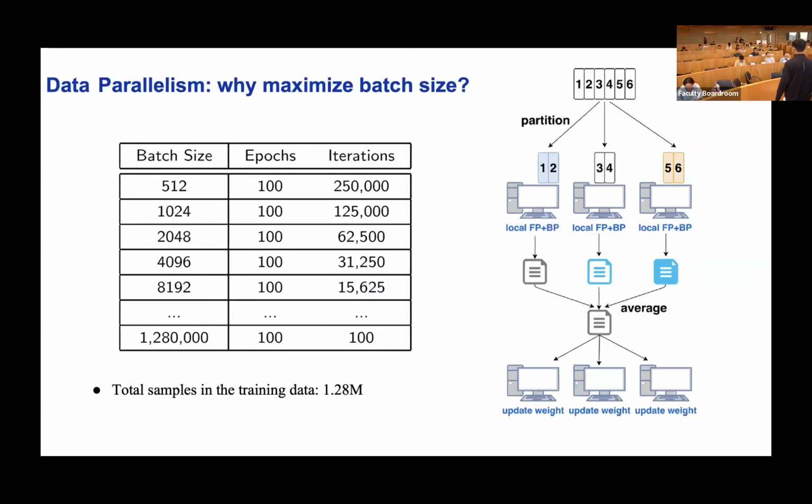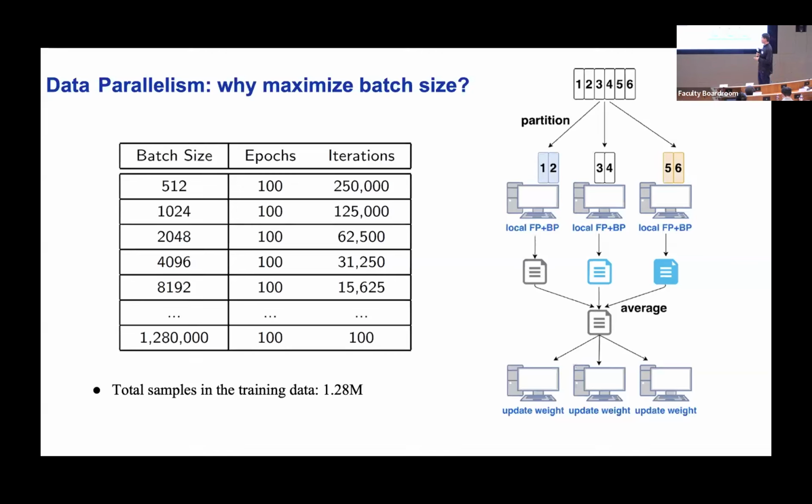For data parallelism, you just partition the data samples to different GPUs, and then you compute the local gradients. Then you do an average, an all-reduce operation, to get the global gradients and send the global gradients to all the servers. Each server can use the global gradients to update the local weights. In this way, you can get the computation finished. It's just data parallelism.